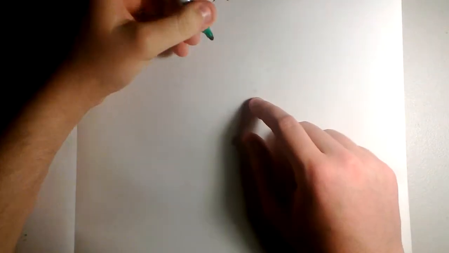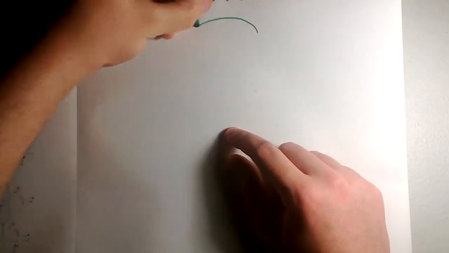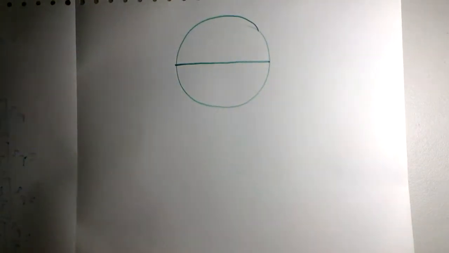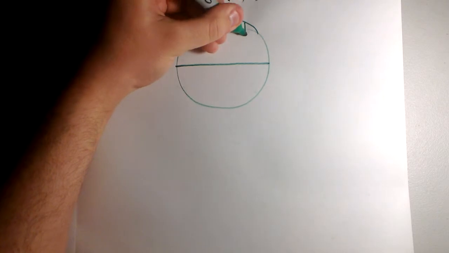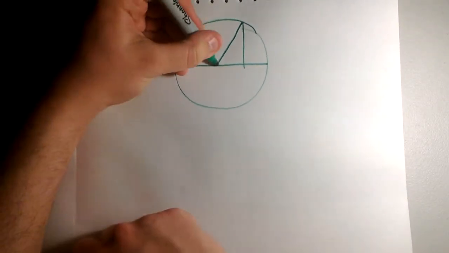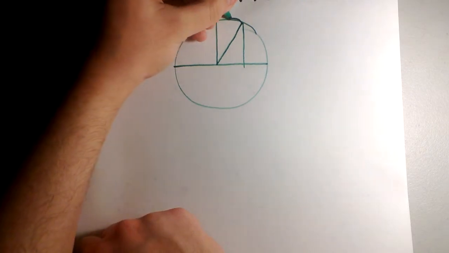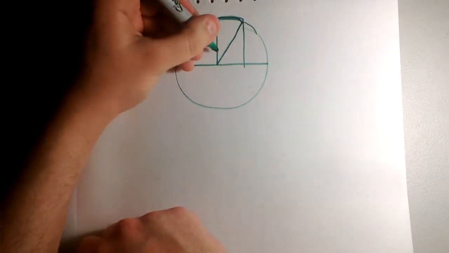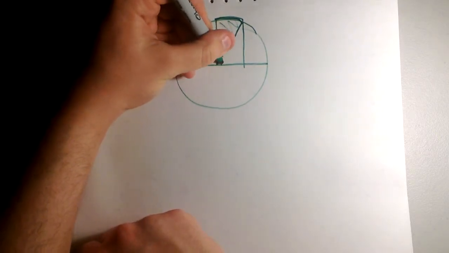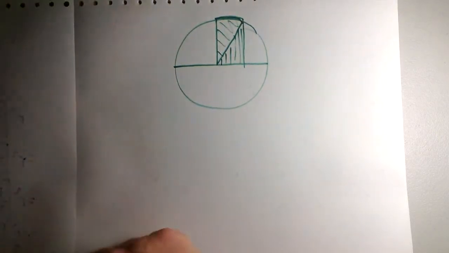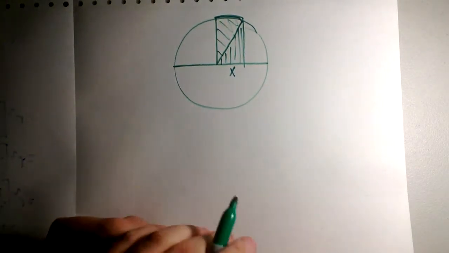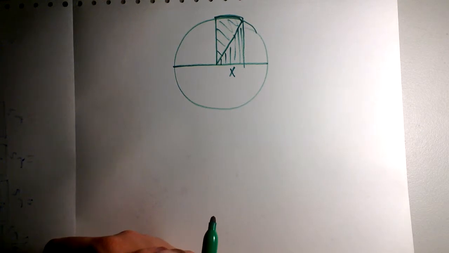So let's take a circle. We're only using a half circle technically. And if you take a random point, you can make this. This is the area, right? It's this arc part, and it is this triangle part. So if your random x value is x, couldn't put it more simple.